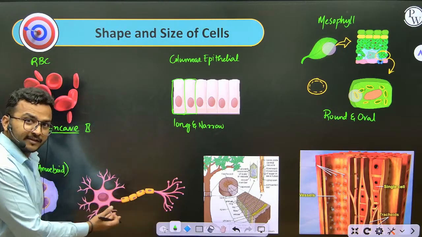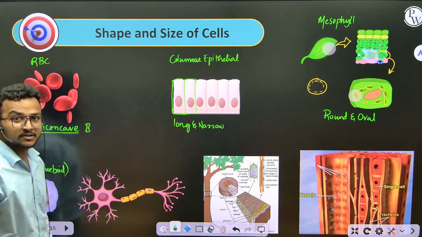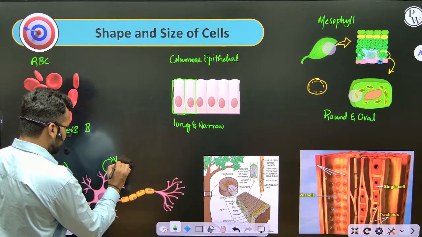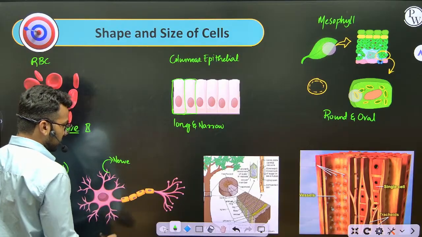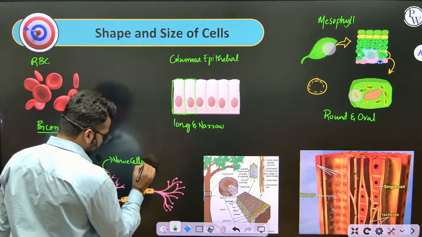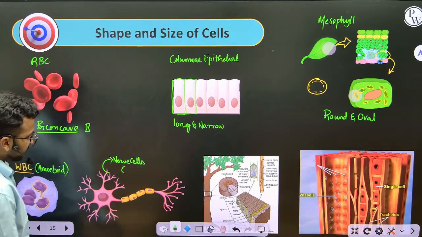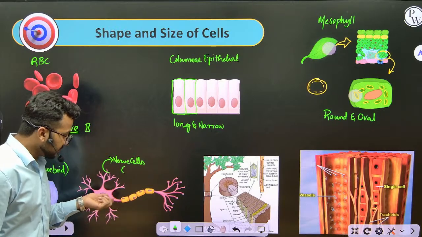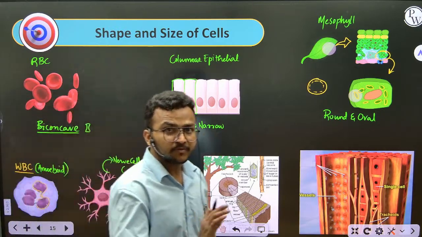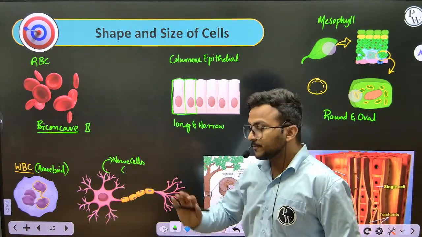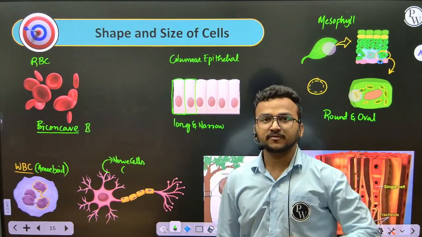And this one is a very important question for the exam. It is a nerve cell or neuron. It is the longest cell. Can you think what the shape of that is? All the shapes depend on the functions of the cells.